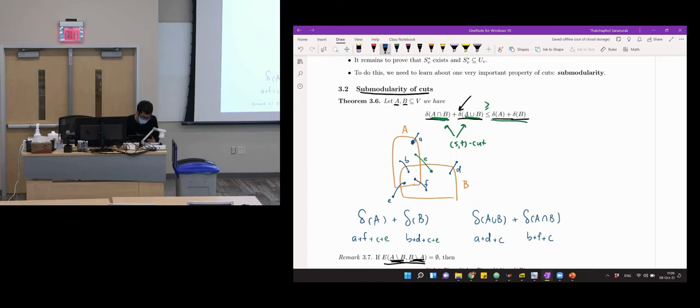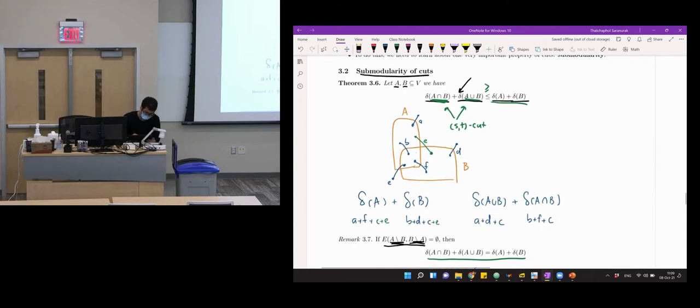This is an edge from A minus B to outside everything, and this is an edge from A minus B to the intersection, and so on. So these are all the cases, and then I sum up over all cases.